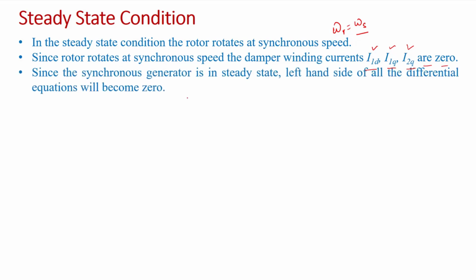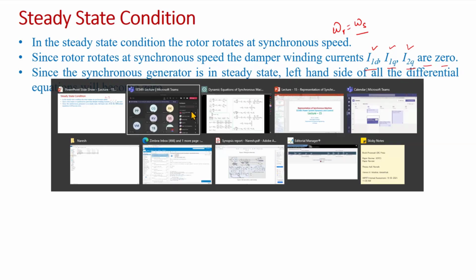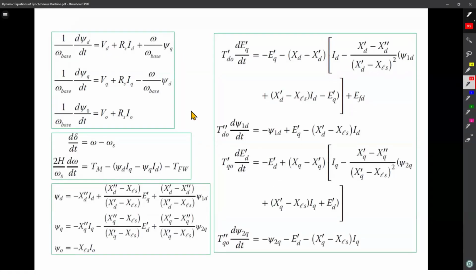Since the synchronous generator is in the steady state, the left hand side of all the differential equations will become zero, because those equations represent the dynamics of the generator.